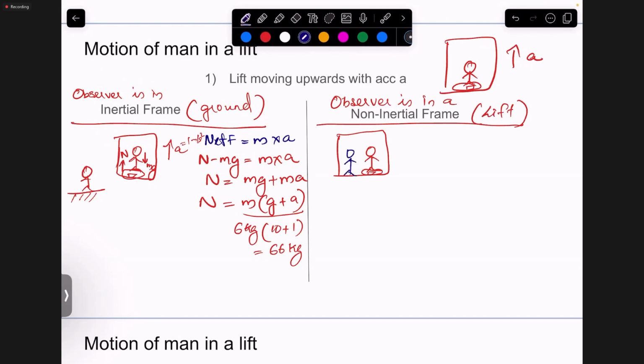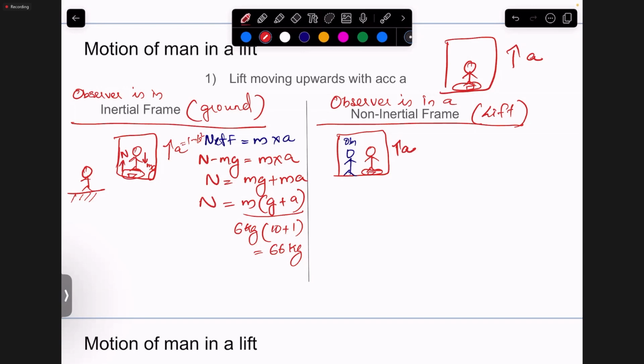The observer is also inside the lift, and this lift is moving upwards with an acceleration of A. The observer will find the man inside the lift to be stationary, because he is also moving along with the passenger.